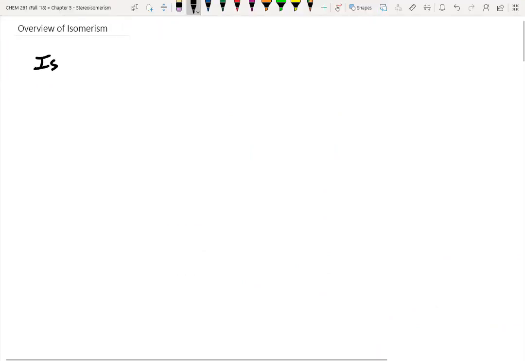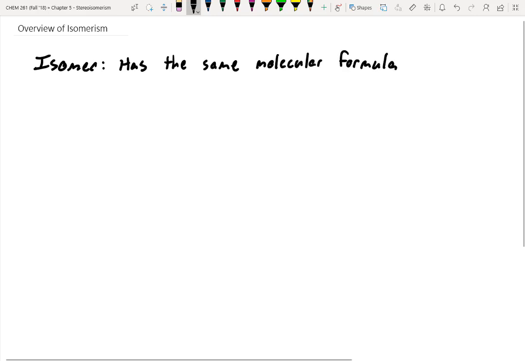So before we start with our flow chart, let's redefine what an isomer is. Generic isomer. Anybody remember? Yeah, same formula. It's like the ultimate descriptor of an isomer. Okay, so let's start out our flowchart with just generic isomers.